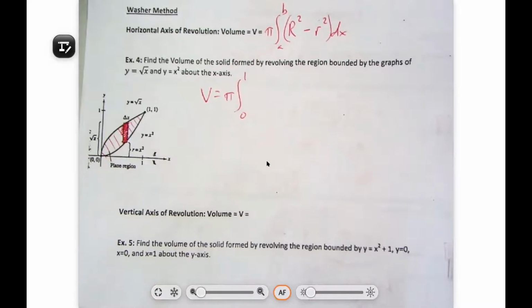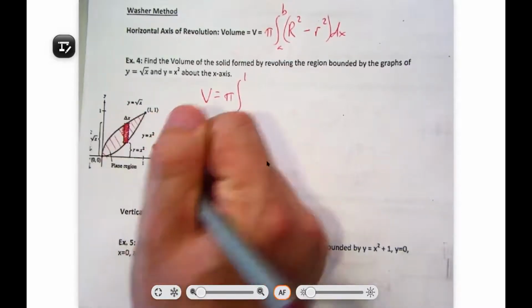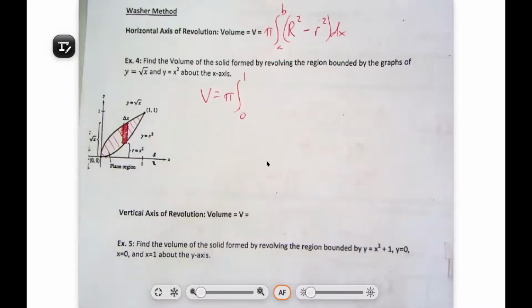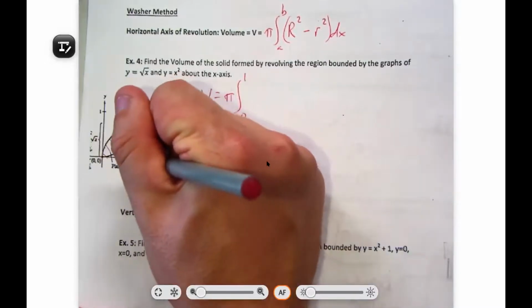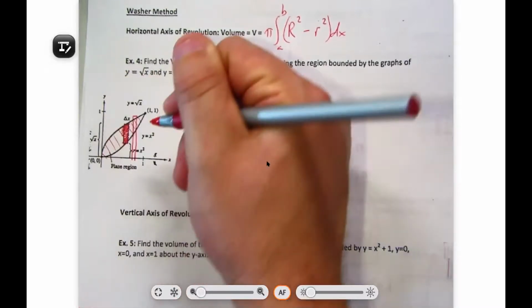I have to find big R and little r. So big R, I'm going to draw a rectangle from the axis of revolution, the x-axis, to the outer function. You're going to have two different functions. I'm going to draw my rectangle from the x-axis to the outer function. So here.